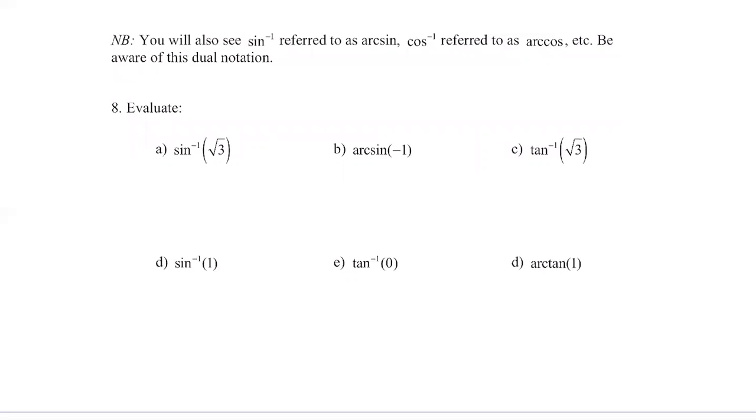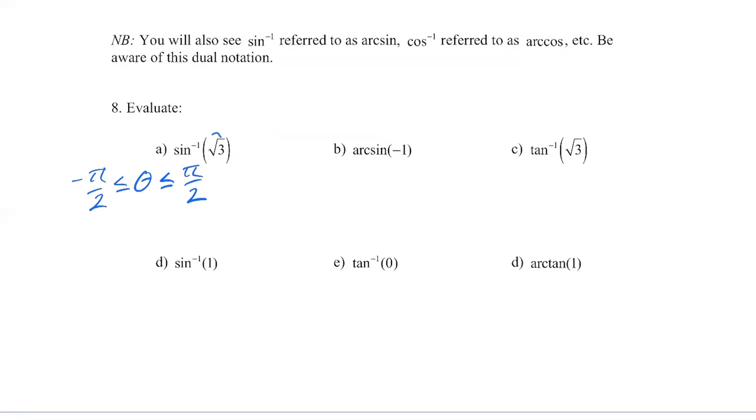Okay, the first problem, the inverse sine of √3. So the question says, what angle has the sine value of √3? And remember that that angle would have had to be between -π/2 and π/2. But wait, we actually have a problem. √3 is bigger than 1. Sine never reaches any value bigger than 1.